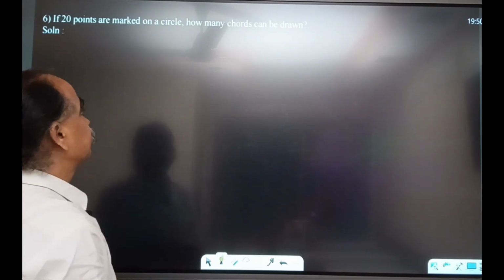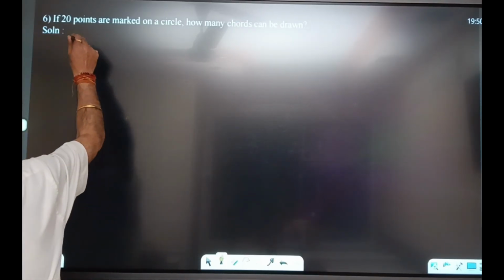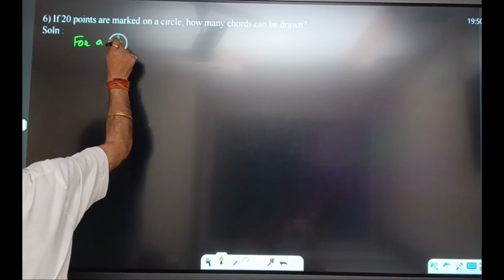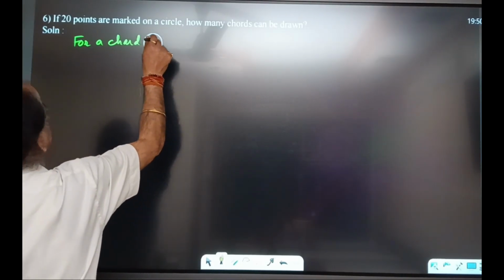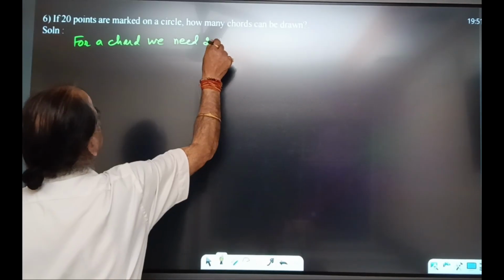20 points are marked on a circle. How many chords can be drawn? For a chord, we need 2 points.